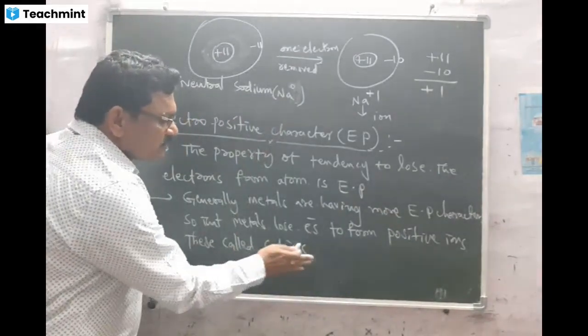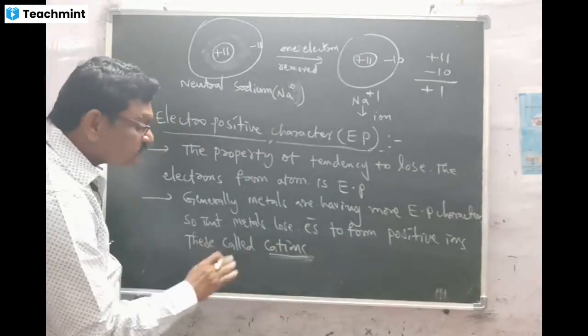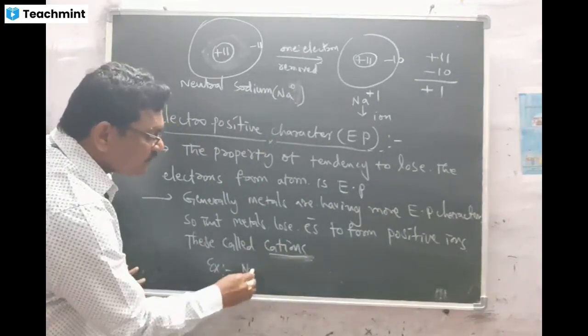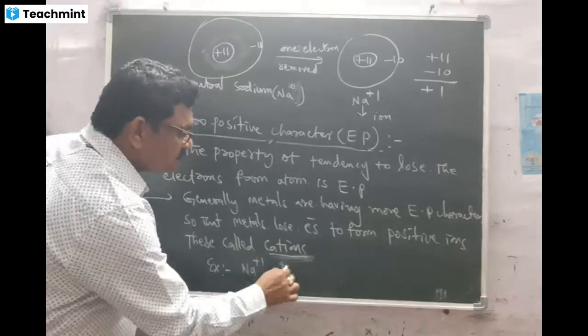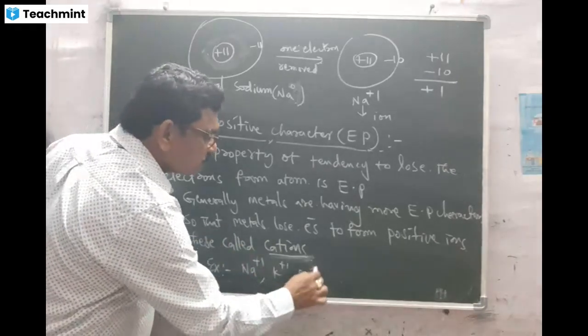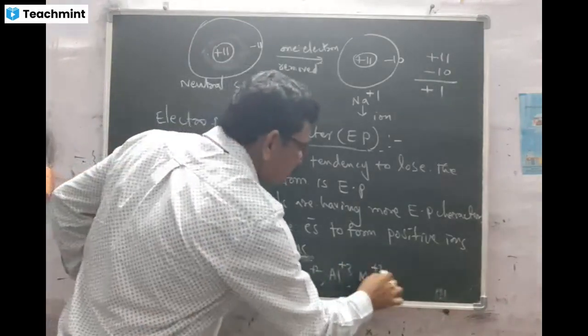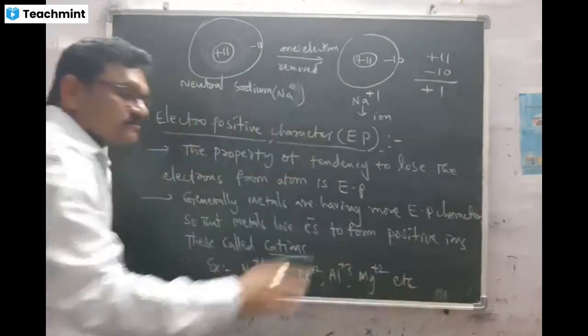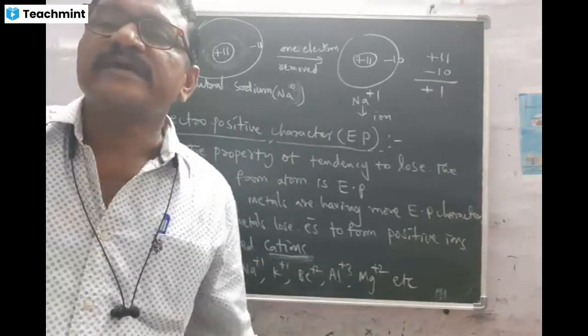I write some positive ions here: Na+, a positive ion, nothing but a cation. K+, Be2+, Al3+, Mg2+. All these are ions. You write down, I will explain clearly later.